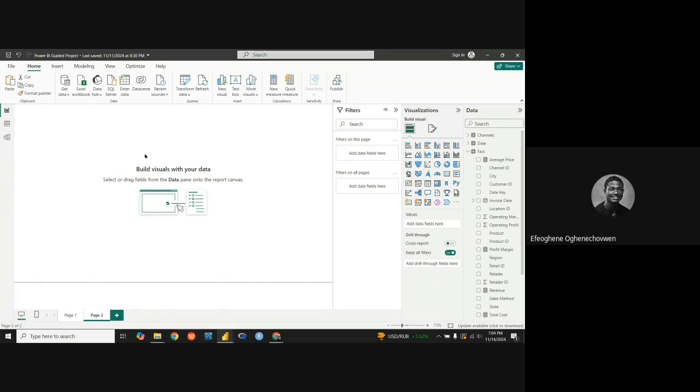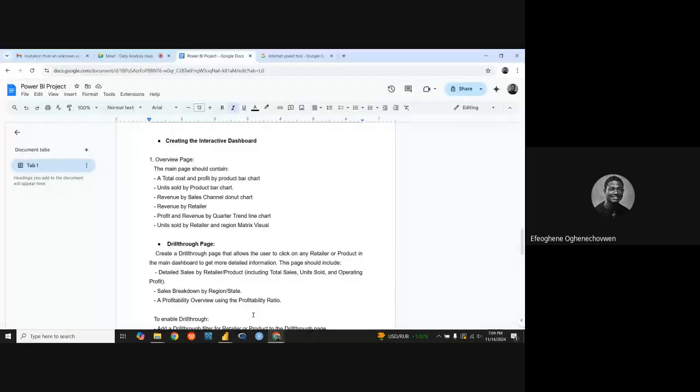I was showing how you compare both profit and, sorry, both profit and your cost. Now if you look at the overview page, the main page should contain a total cost and profit by product using a bar chart.